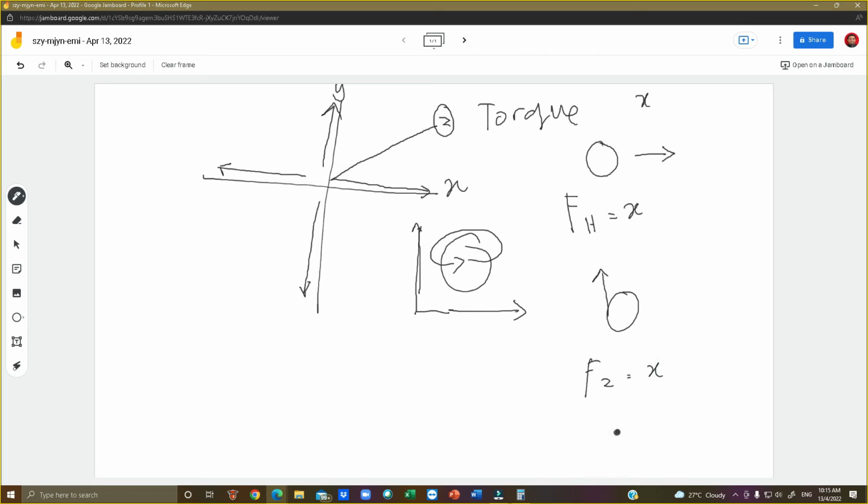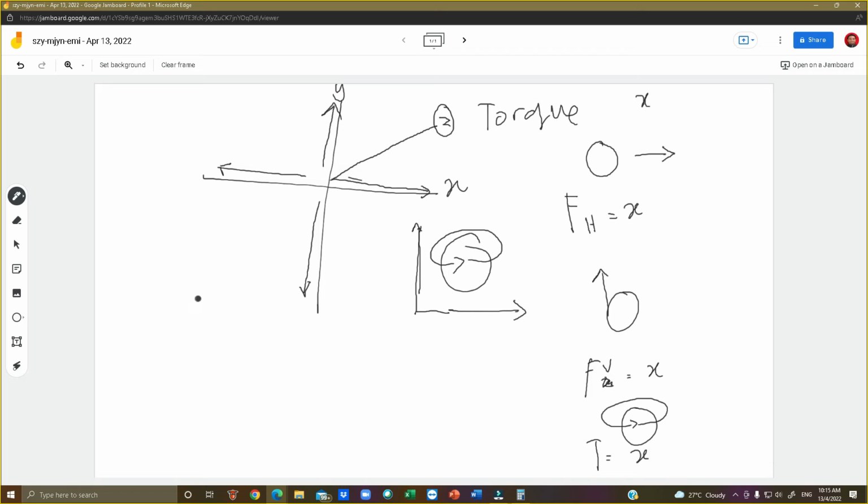And if the object rotate at an axis, means that torque dia ada value. Tu kena faham ni maksud dia value. We don't know the value. Ni FZ pula. F vertical. Okay, FH ni F horizontal ni. FV, F vertical. Torque is the rotation ataupun Z.